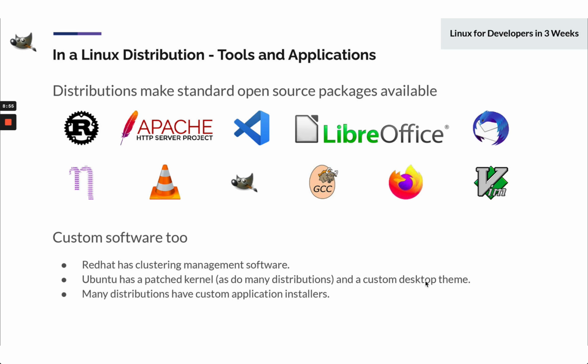In the Linux distribution, they'll provide tools and applications. They'll provide some by default to get installed at installation time. But then you can choose to install other things also after it's already set up. So here's a bunch of icons for different kinds of software packages that people might use on a Linux distribution. A lot of these are the same ones that you might have on other OSs as well.